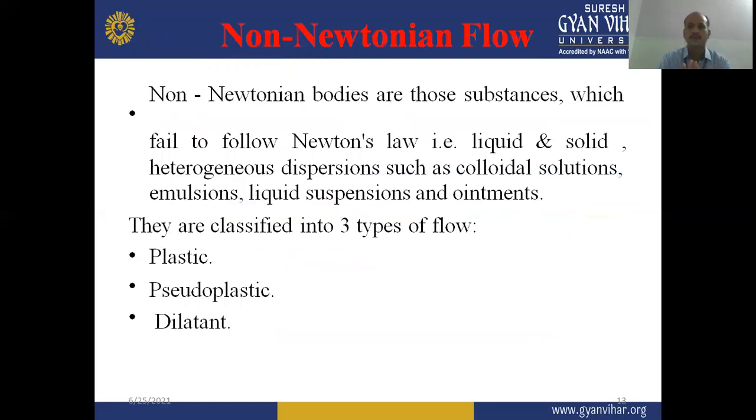Non-Newtonian bodies are those substances which fail to follow Newton's law of flow, like liquid and solid heterogeneous dispersions, as we discussed with different examples. Newtonian fluids are the substances which obey Newton's law of flow, and non-Newtonian fluids are the substances which do not obey it.